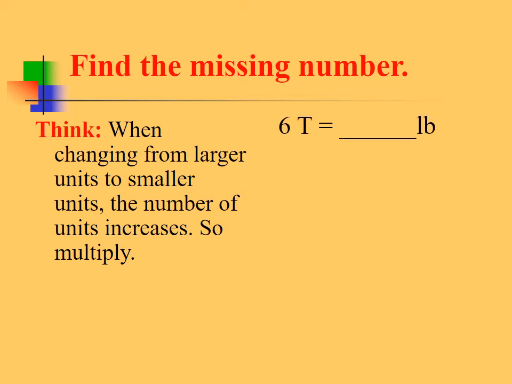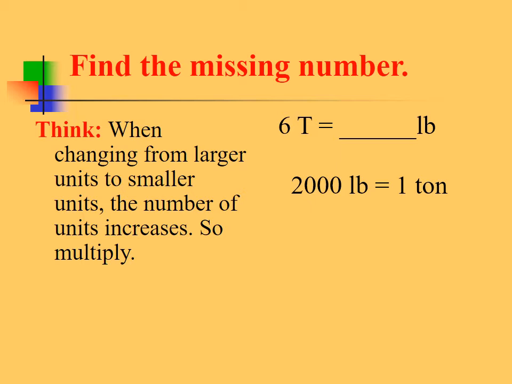Let's look at another one. We have 6 tons and we want to know how many pounds that will work out to. Which one is the larger here, tons or pounds? Tons is larger than pounds, so we have to multiply.